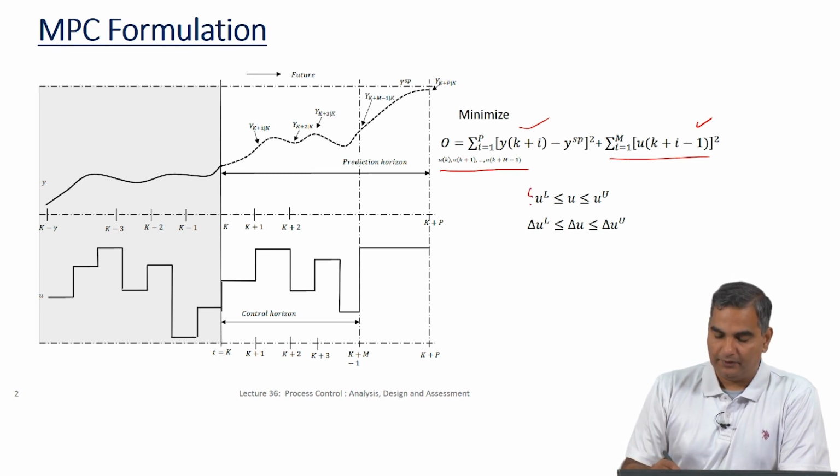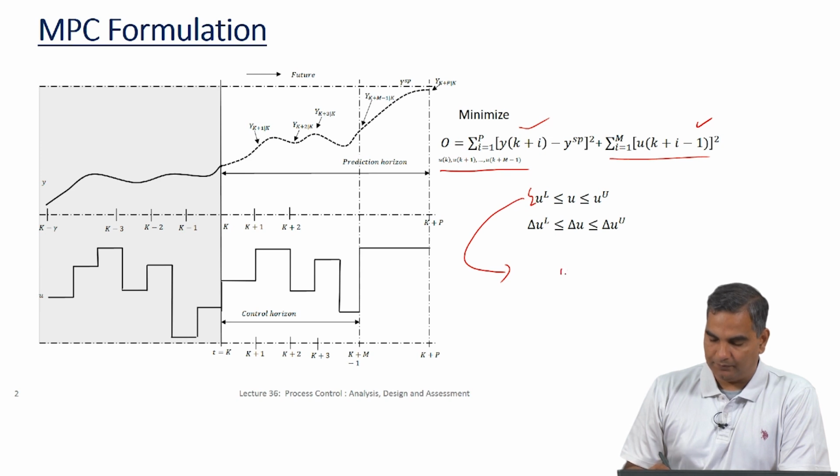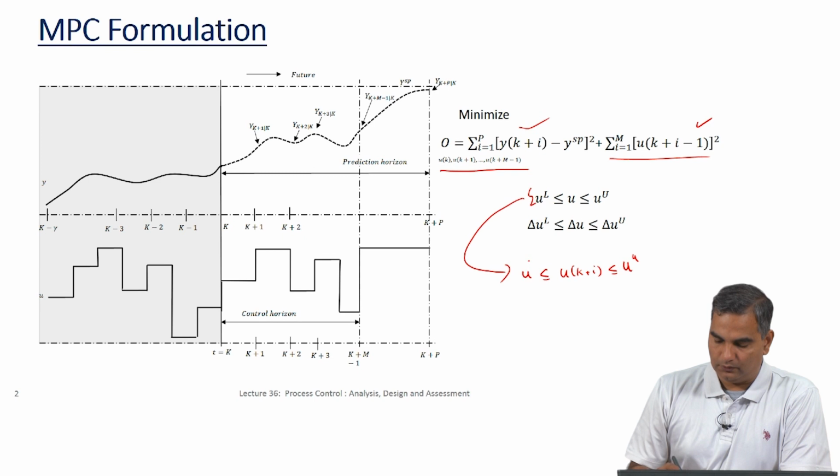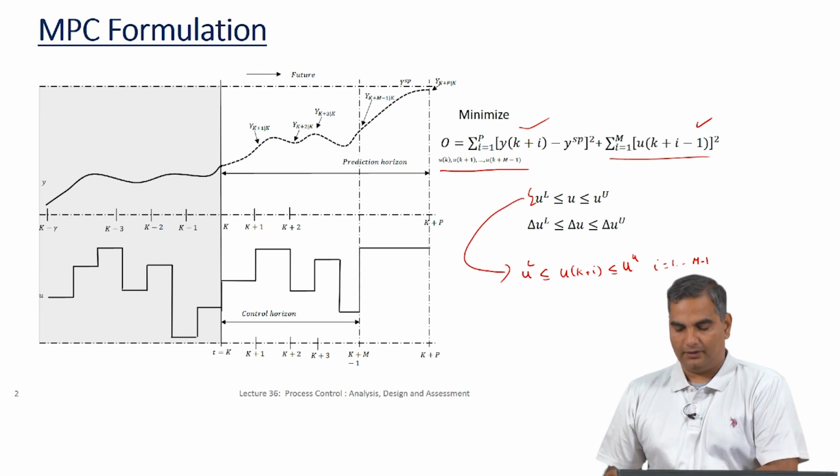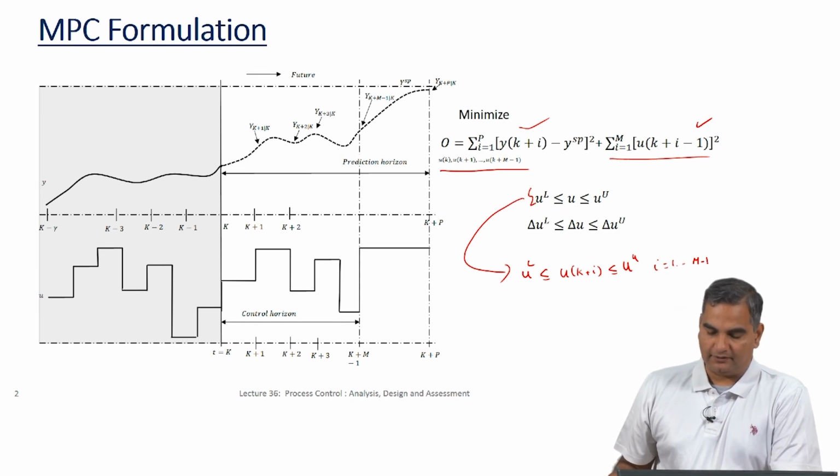If you expand this, a way to write this would be to say u lower less than or equal to u of k plus I less than or equal to u upper, where I goes from 0 to m minus 1. So, this is a formal way in which you write these constraints.